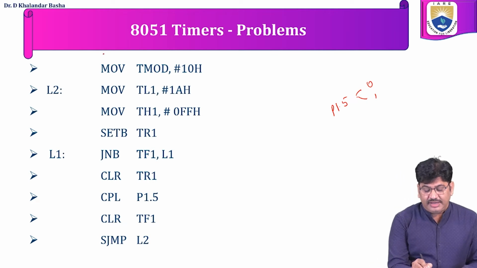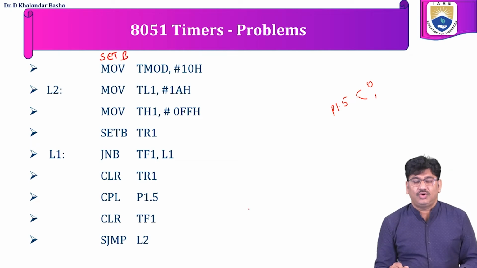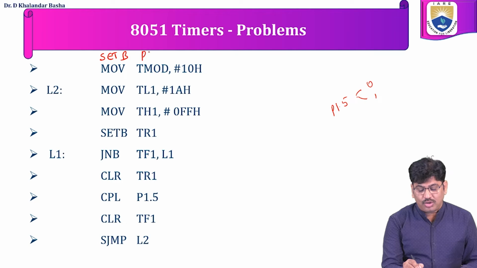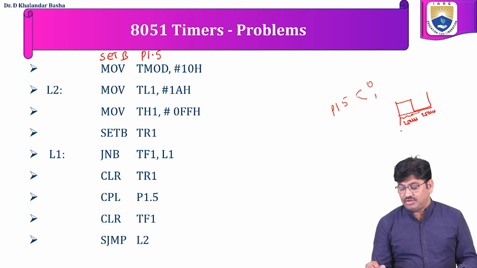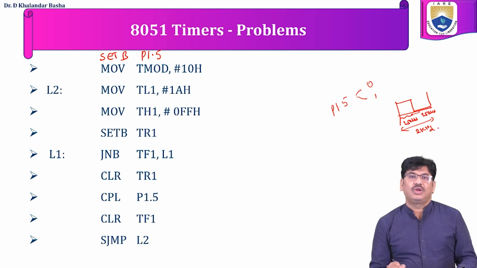Here we will write one more instruction at the top, which is SETB P1.5. So it is going to generate first logic 1 for 250 microseconds. Then it will go to logic 0 for the next 250 microseconds, because of which we are going to get a square wave of frequency 2 kilohertz.